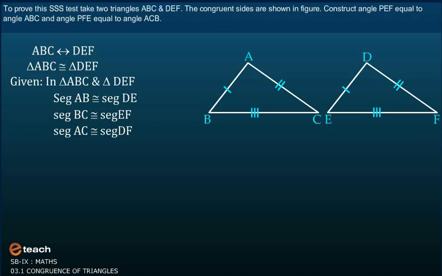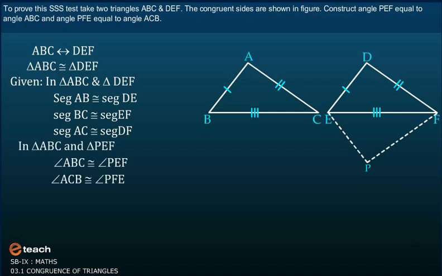To prove this SSS test, take two triangles, ABC and DEF. The congruent sides are shown in the figure. Construct angle PEF equal to angle ABC and angle PFE equal to angle ACB.